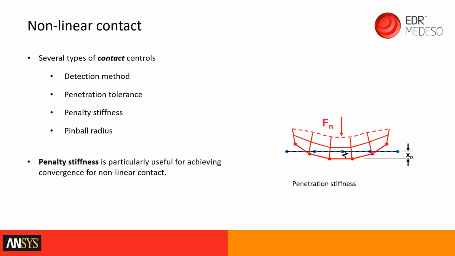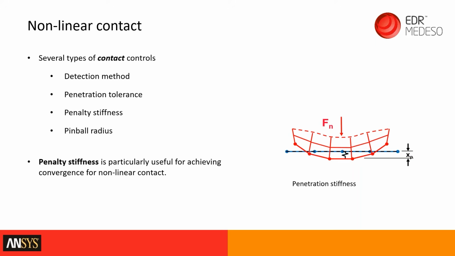It doesn't apply spring elements internally, but a stiffness is applied to oppose that penetration. And the stiffness of that spring and the amount of penetration is dictated by the penetration tolerance that is set and the penalty stiffness that is set on the contact control. Normally in Ansys by default, you leave Ansys to set these values, and they're usually pretty good. Maybe 90–95% of the time, they're good. 5–10% of the time, you may want to override the values that Ansys uses.